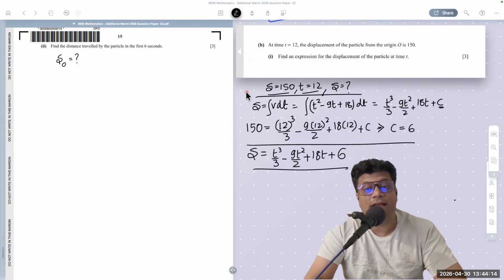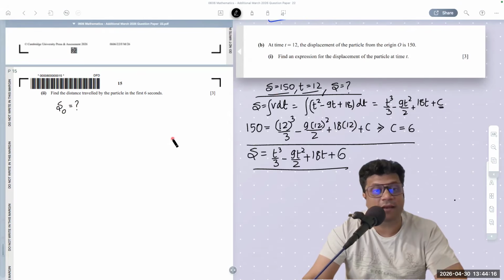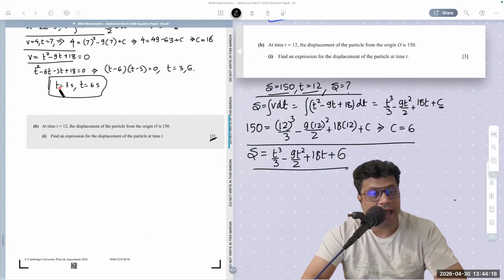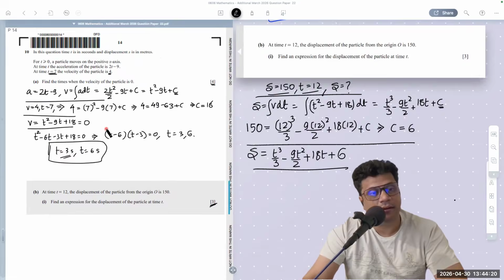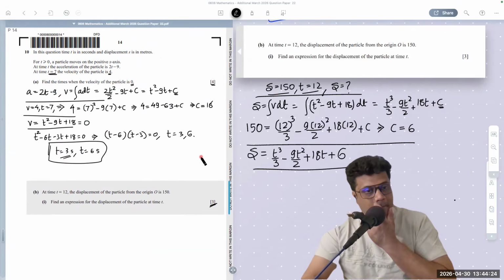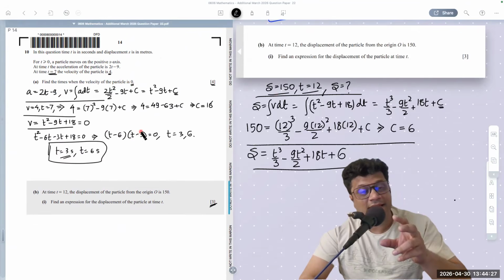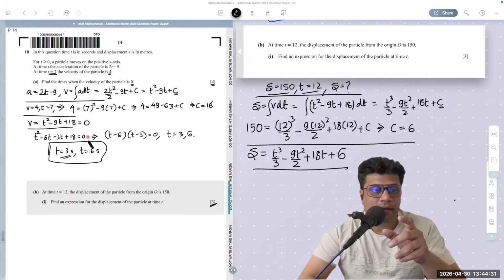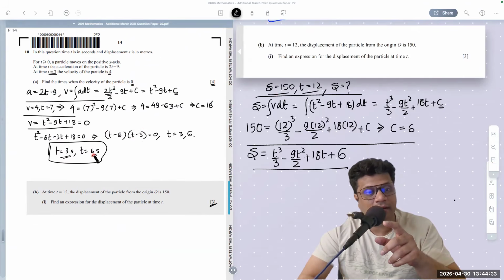I know that the particle has turned when time is 3 seconds from my previous part. See, when time was 3 seconds, velocity is 0. Well, that is an indication that the particle has turned. And it has turned again at time equal to 6 seconds.